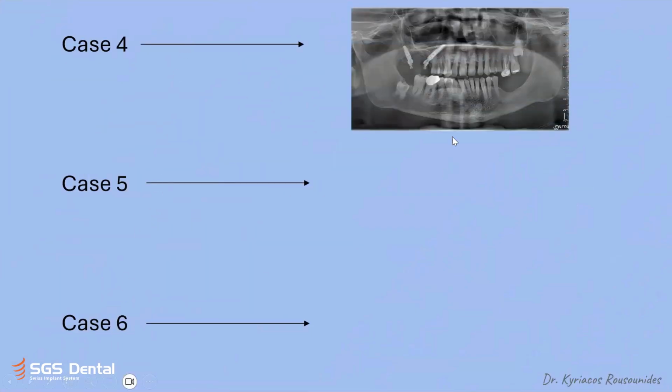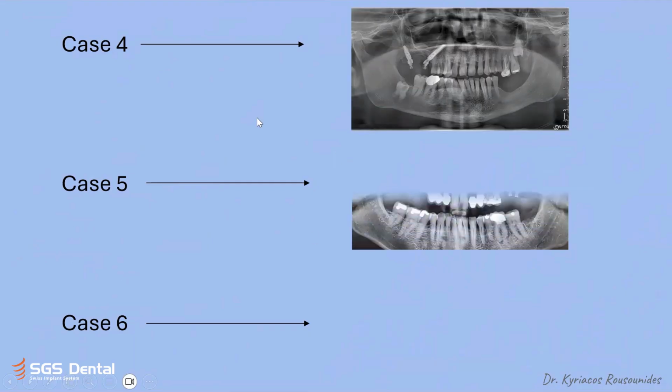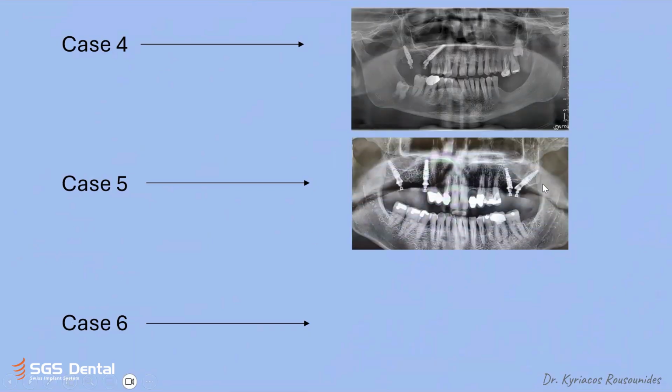And we have one case, case number 5, where we avoided the sinus lift on both sides. And if you can see here the big image, with 2 implants in the middle, you can do an All-on-6 without any problem.